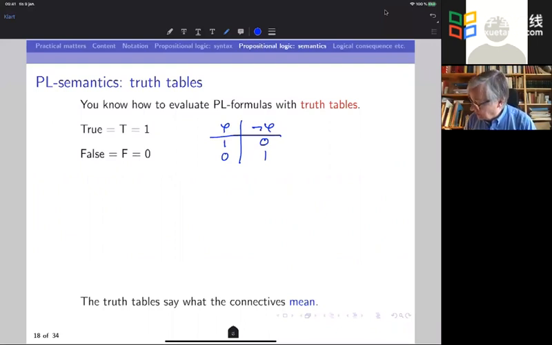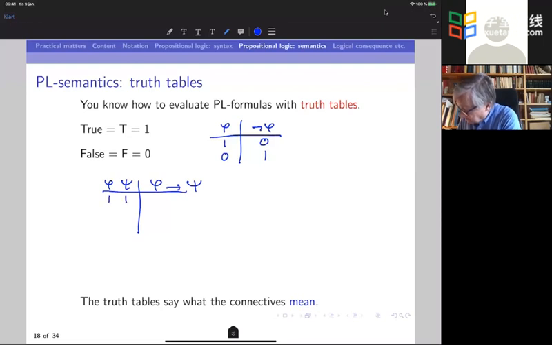Let's give another example. Let's take implication. So now there are 4 possibilities. Four combinations of truth values of the arguments.